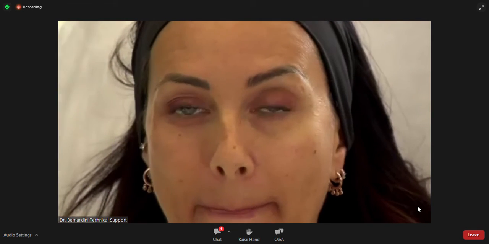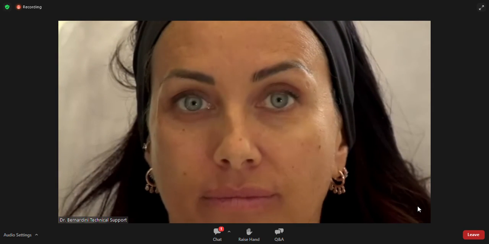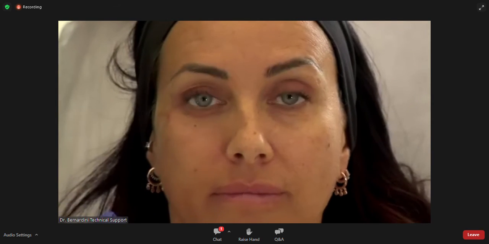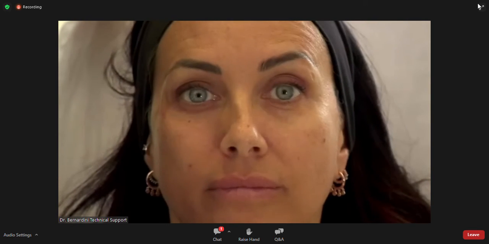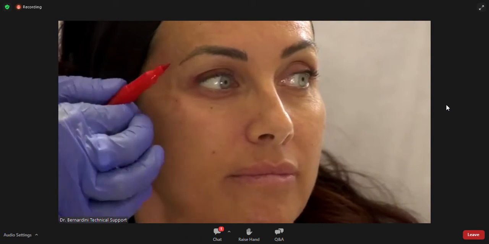So you see here, as we mentioned before, here we do see the bag, here the emptiness, here the hollow. If you look at the patient like that, you see that there are no bags. The blending between the eyelid and the cheek is almost perfect to me.